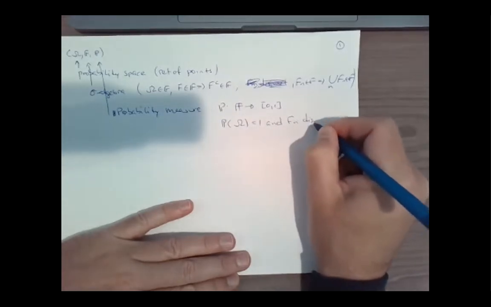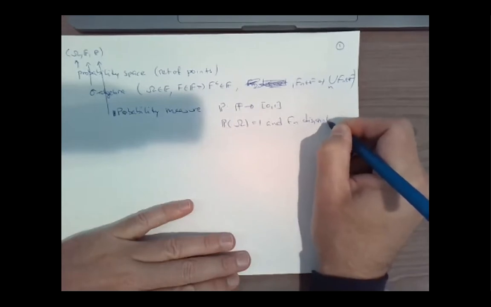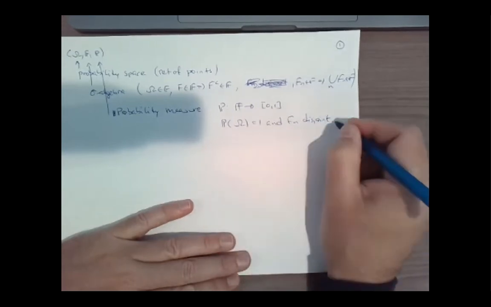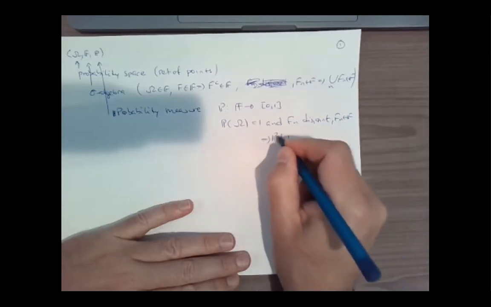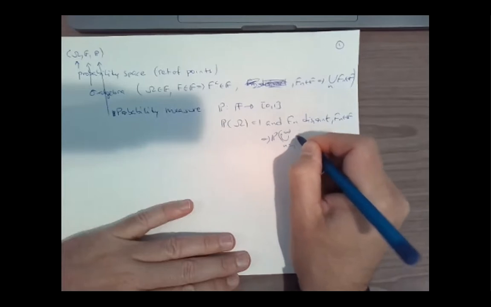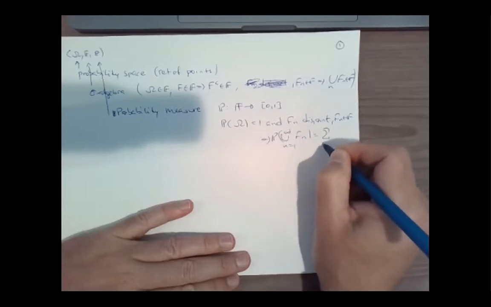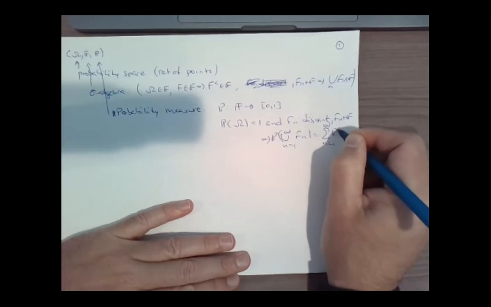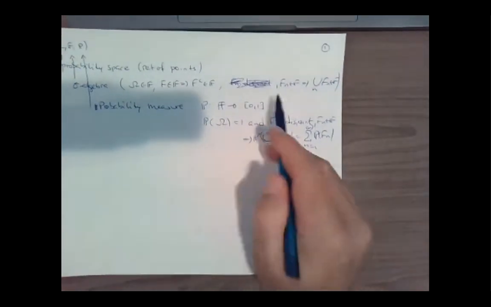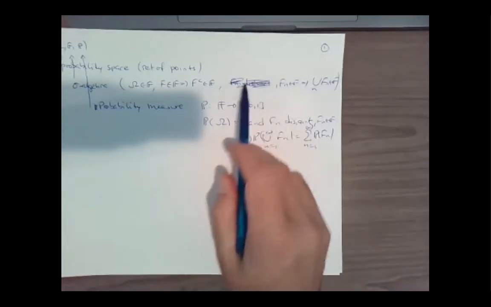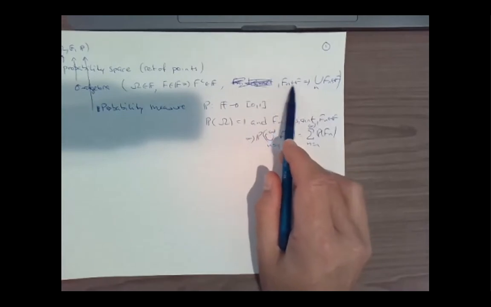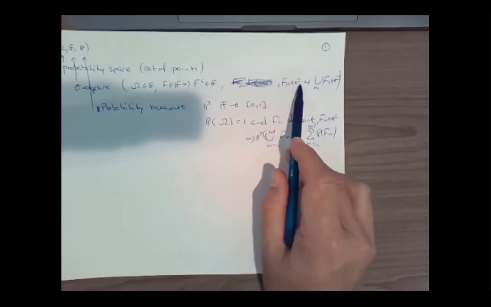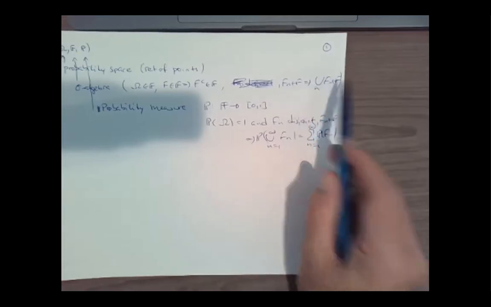If the Fn are disjoint and measurable, then the probability of the union is the sum of the individuals. So up here, we don't have to have this disjoint. This was a mistake. An arbitrary countable collection of sets in F has the property that the union of them is going to be there.